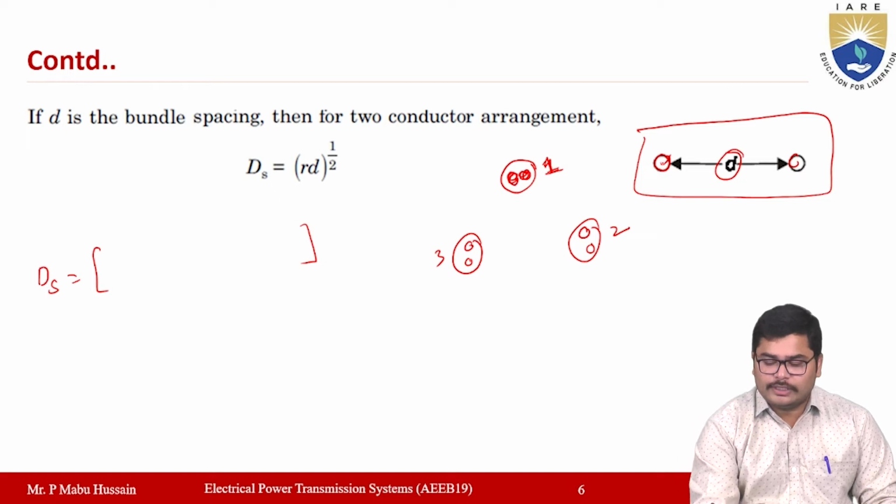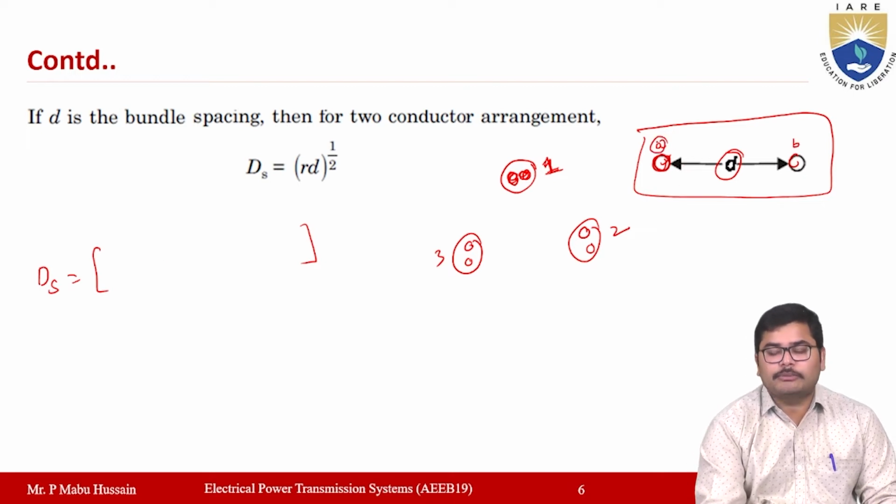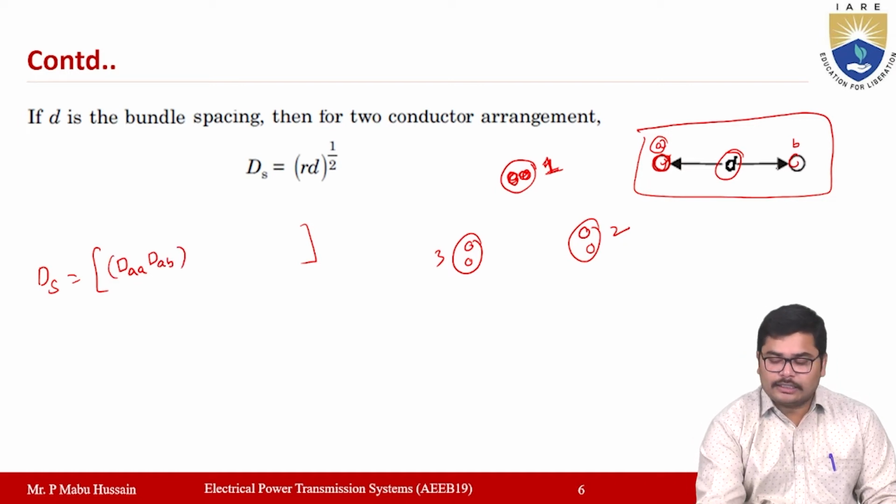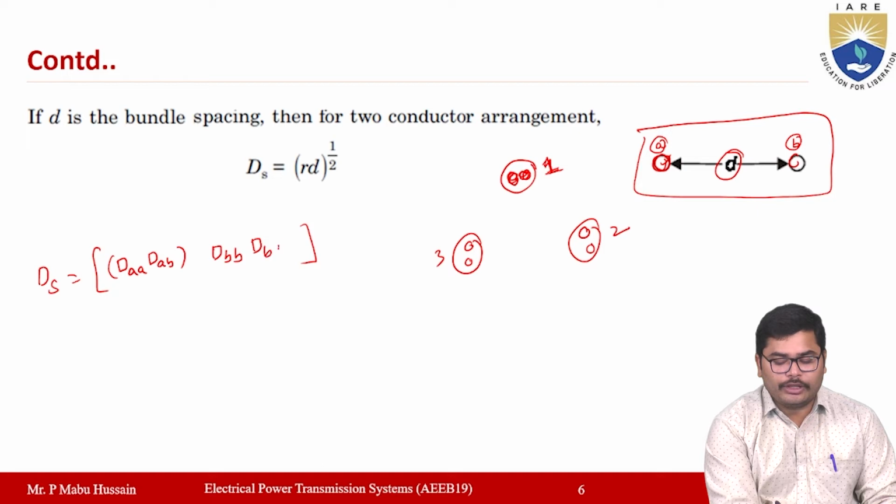Okay, suppose if you represent this subconductor as A and this subconductor as B, then all the self distance, if you take subconductor A here, the self distance is DAA, and another distance is DAB. So this is one set, and another set will be if you take the conductor B here, then DBB and DBA.